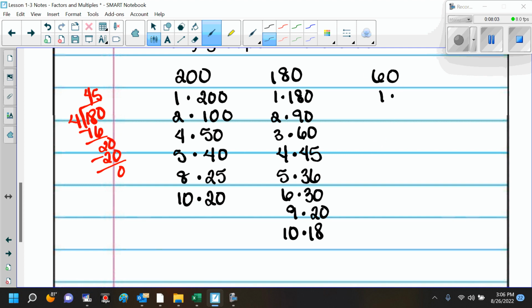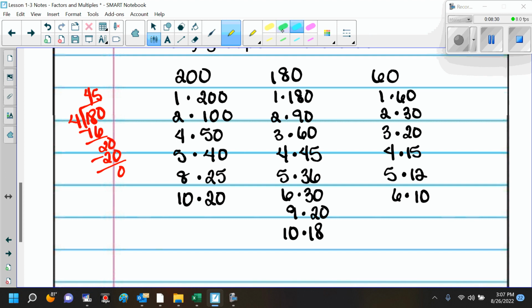And then we've got 60. So that's 1 times 60. 2 times 30. 3 times 20. 4 times 15. Very good. 5 times 12. And 6 times 10. Anything else? Nope, that's it.